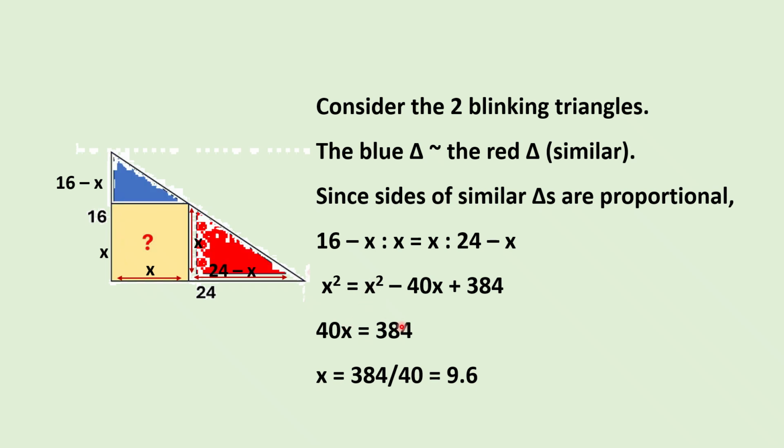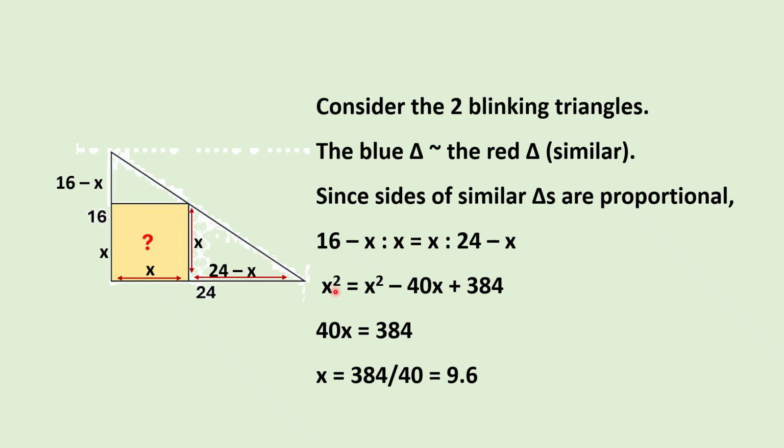40x will be equal to 384, or the value of x, that is each side of the square, 384 divided by 40, again giving you 9.6 units, the same answer. So we solved it by proportionality. The two triangles, the blue and the red, are similar, so the sides should be proportional.